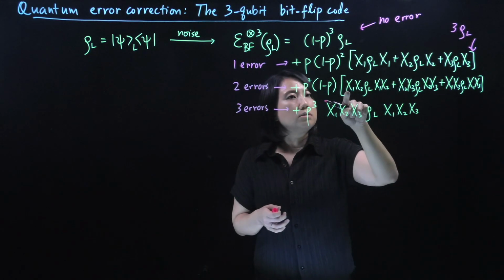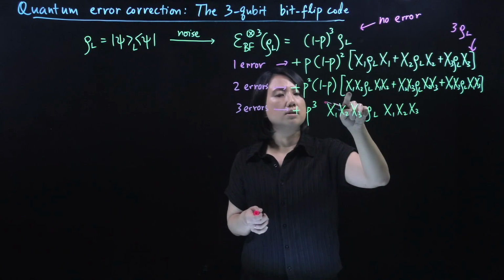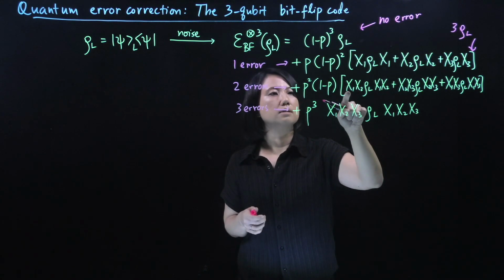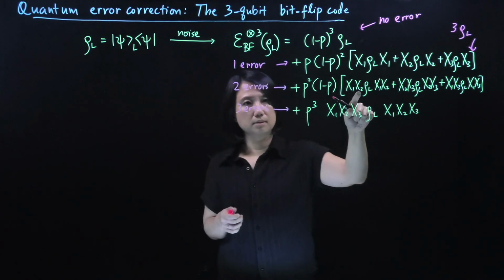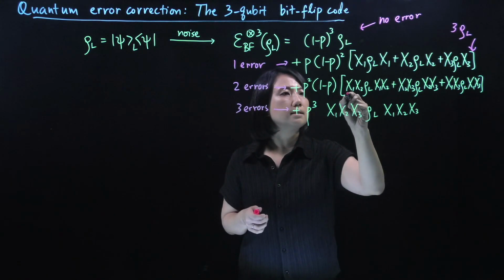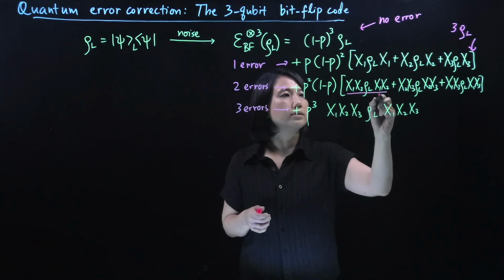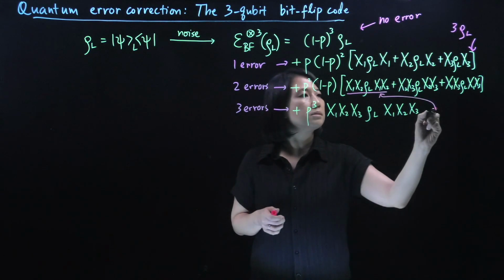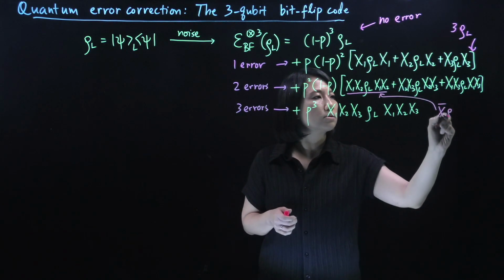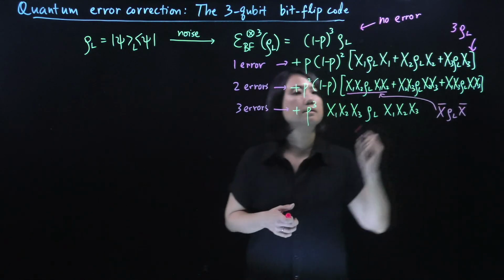Now, we worked through what happens when you have 2 bit flip errors, in particular the case where you have x1, x2 errors. We saw that after the recovery operation, this becomes x bar rho L x bar.